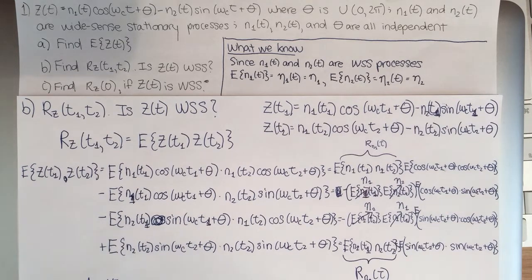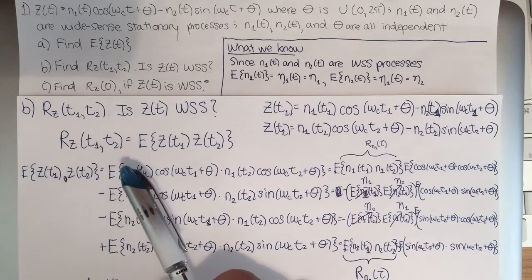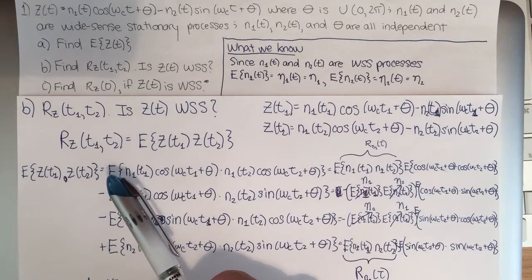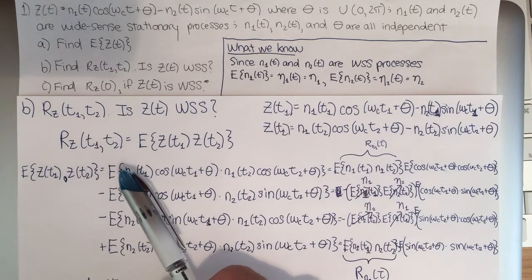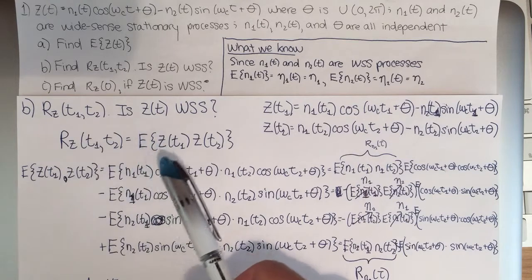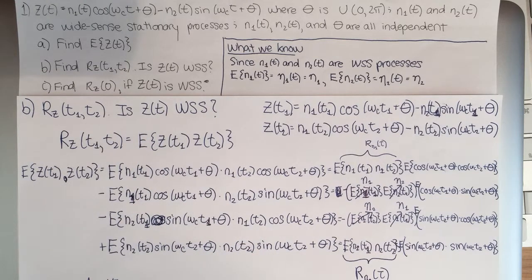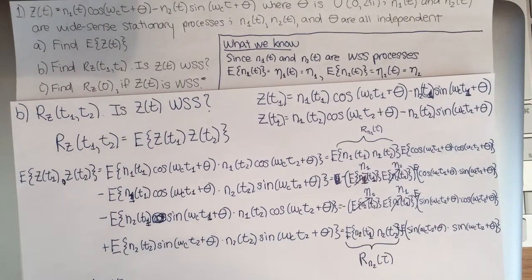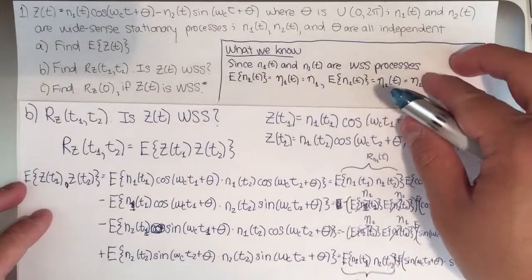So right here, I restated the question, and for t1 and t2 I converted this function into the expected value of z of t1 times z of t2.